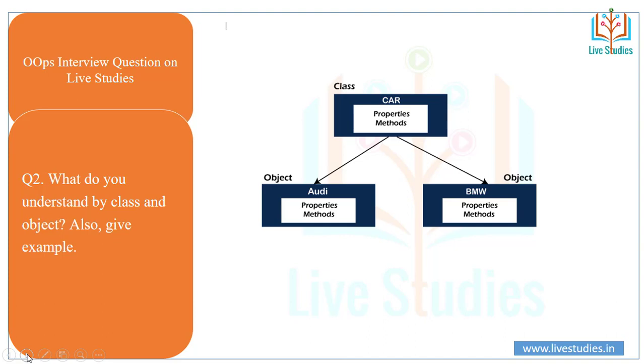An object, for example Audi, a car, is a real-world entity that has attributes, behavior and properties. It is referred to as an instance of the class.